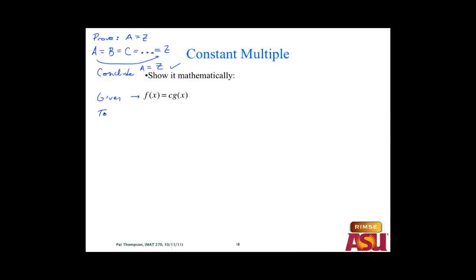And we're going to prove that the rate of change of f is c times the rate of change of g with respect to x.